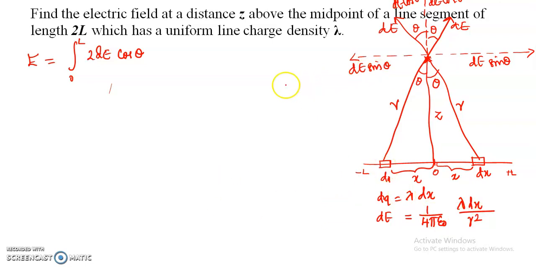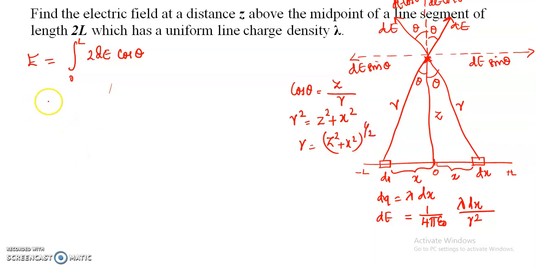From the figure we can see that cos theta equals adjacent side by hypotenuse. Here the adjacent side is z, the hypotenuse is r. From this right angled triangle we can say that r squared equals z squared plus x squared. So r equals z squared plus x squared whole raised to half.